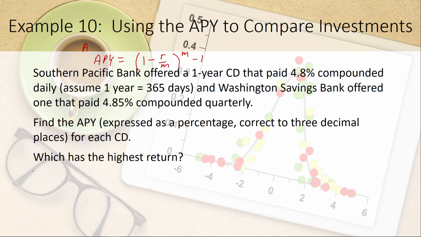Now for Southern Pacific, I'm going to call that SP, we have that r is 4.8%, which as a decimal is 0.048, and m is 365 because we are going to assume that there are 365 days in 1 year.